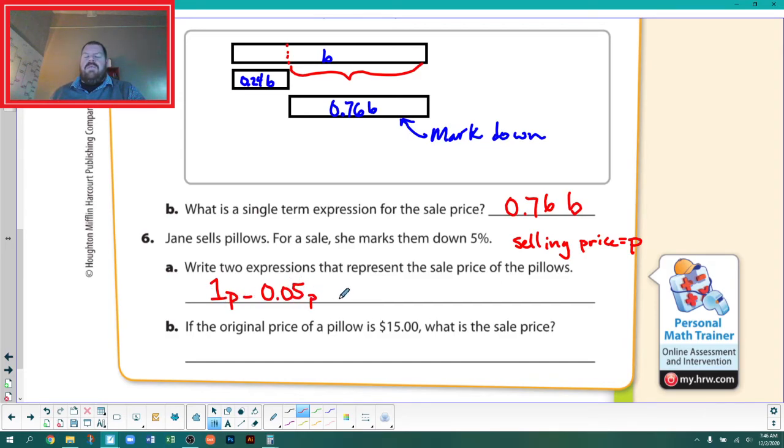So that's one expression. That's the two-term expression. The one-term expression is to take 1 and subtract 0.05, where we'd get 0.95p.